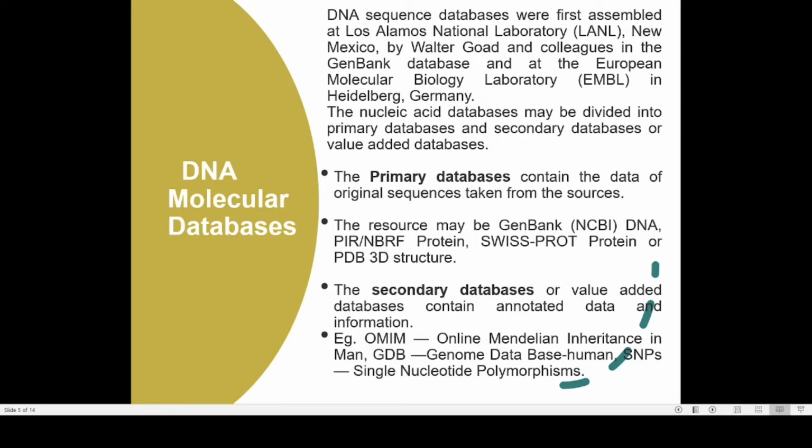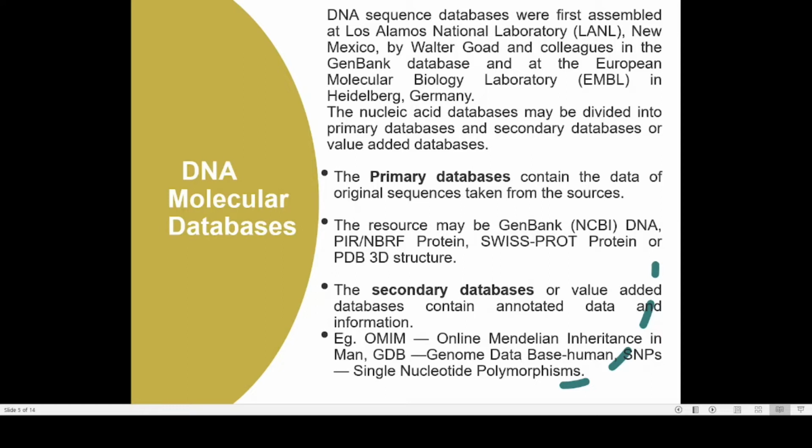Then we have to see a few other things like LANL. LANL means it is an important laboratory in America, Los Alamos National Laboratory. And similarly, there is another famous laboratory in the European countries, in Germany, that is known as EMBL, European Molecular Biology Laboratory.